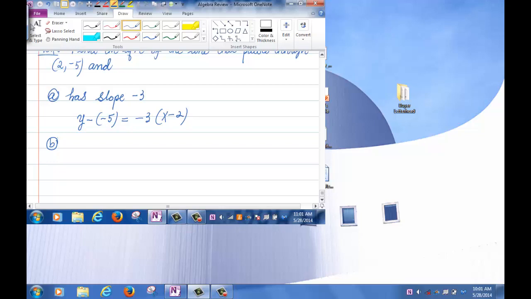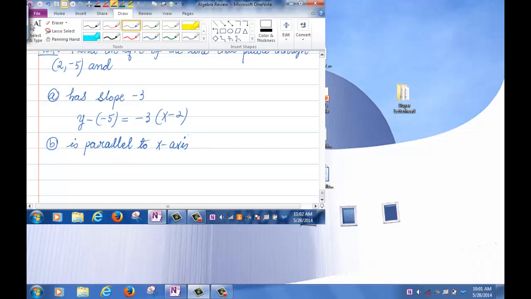Part B, let's say I want to find the equation of the straight line going through the same point 2, -5, and is parallel to the x-axis.